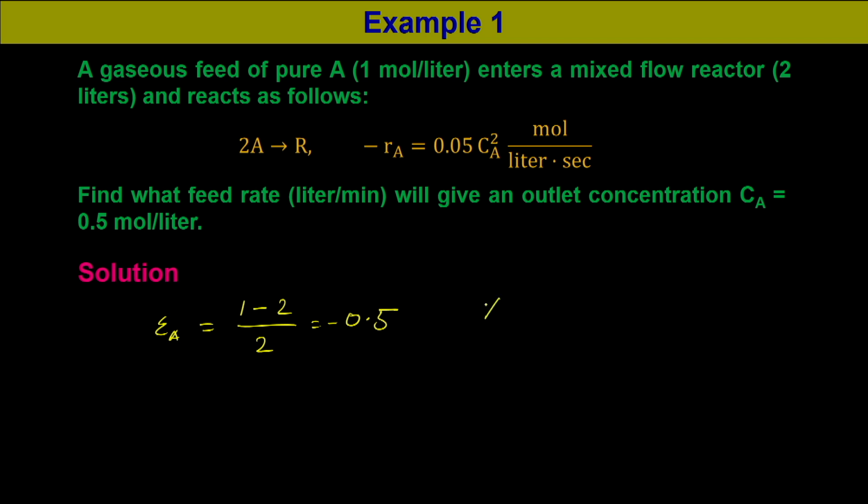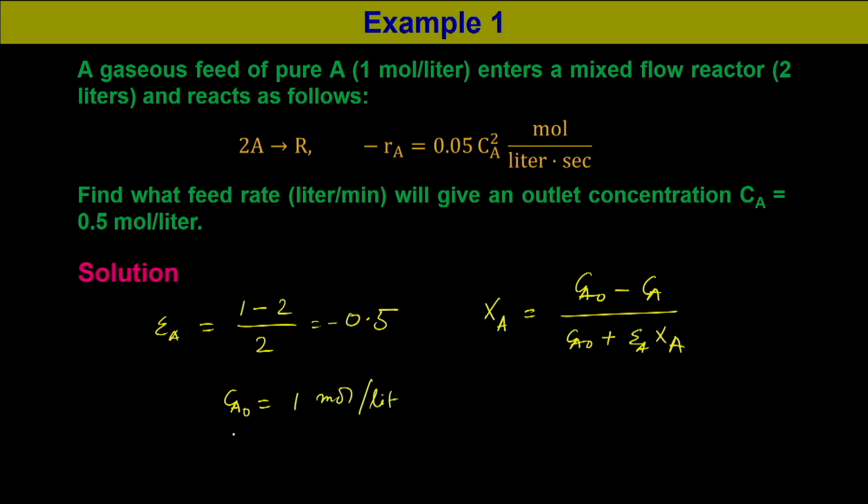So, X A is equal to C A naught minus C A divided by C A naught plus epsilon A C A. Now, if we put in the values, C A naught is given as 1 mole per liter, C A is given as 0.5 mole per liter, and epsilon A is evaluated here.